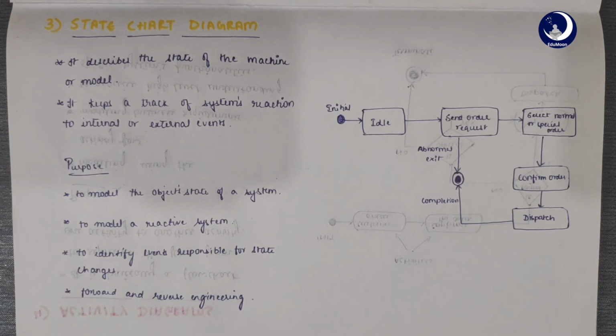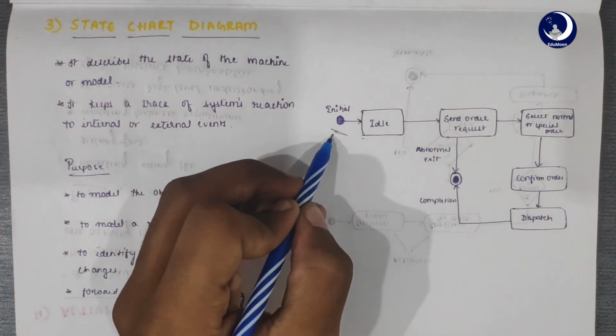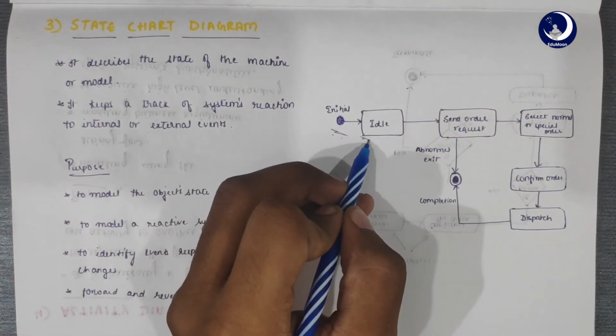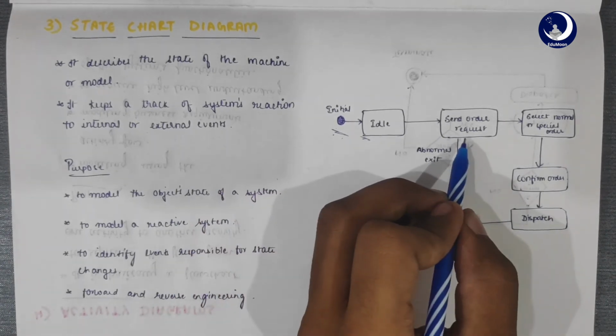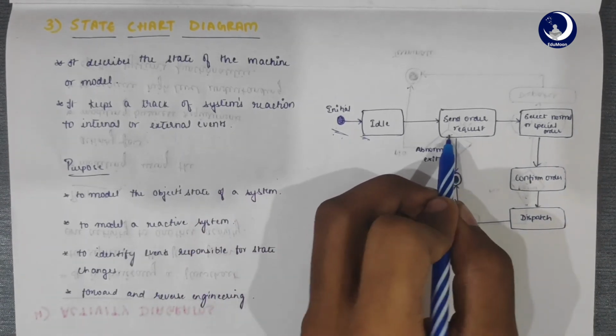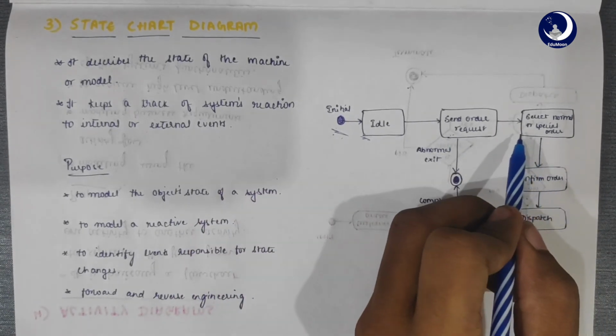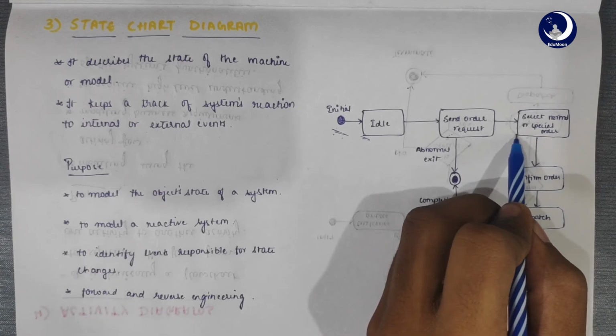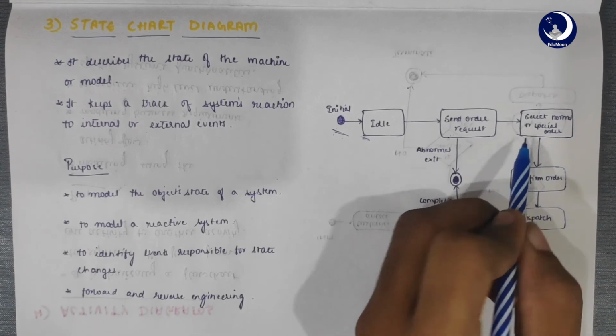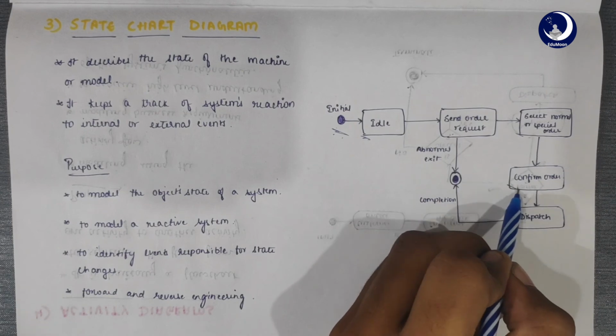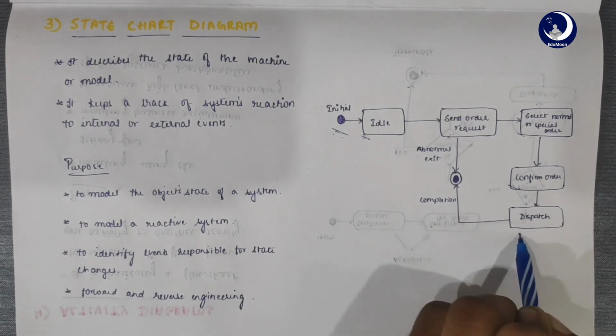Now let's look at the UML diagram. At the starting, we'll be in an initial state, and then the customer is idle. He'll be sending an order request to the order object. From there, he'll select whether it's a special order or a normal order. And once the order is confirmed, it will go into the confirm order state and then it will be dispatched.